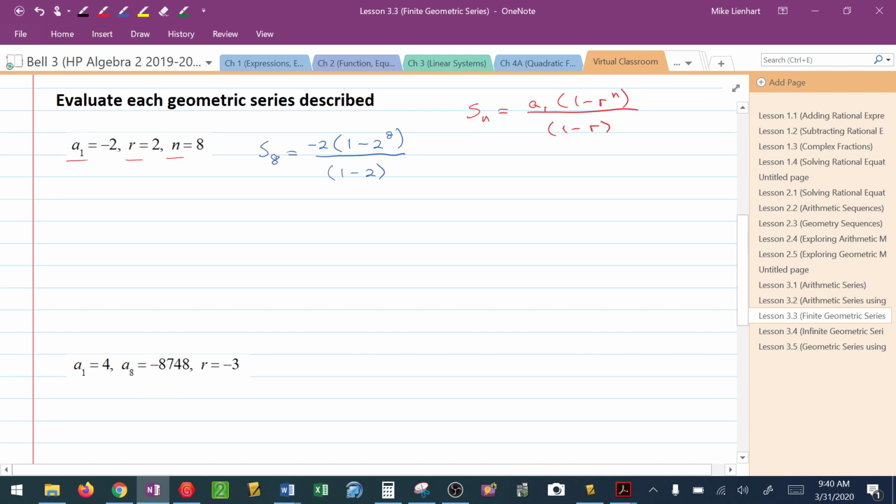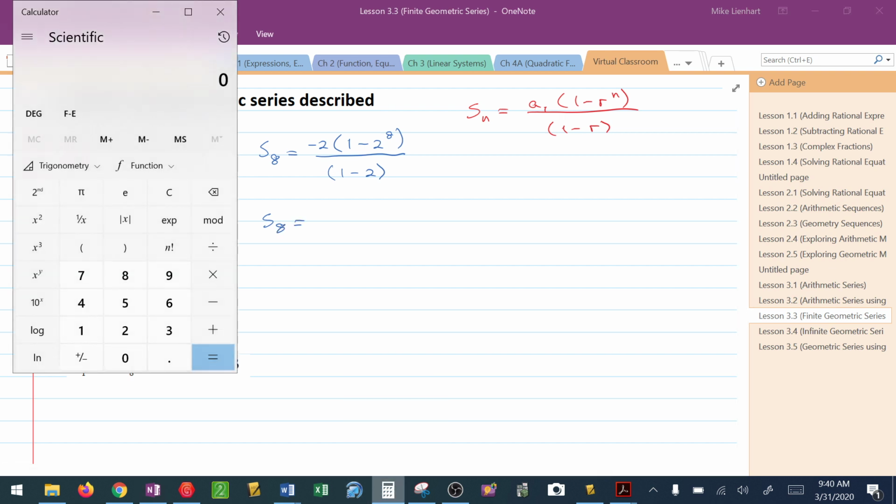Now, as I've told you numerous times, I don't trust the calculator, so I'm going to make sure that I'm following the order of operations when I simplify this. Some of you are more confident than I am with a calculator, and that's okay. I'm going to first figure out what is inside each of the parentheses. 1 minus 2 to the 8th is negative 255.